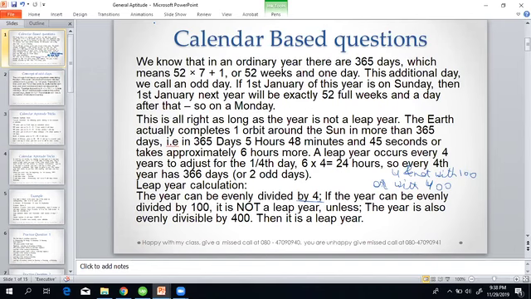It is not divisible by 400, so 1800 is not a leap year. Now see 2016. 2016 is not divisible by 100, so we just have to see whether it is divisible by 4 or not. It is divisible by 4, so 2016 is a leap year.